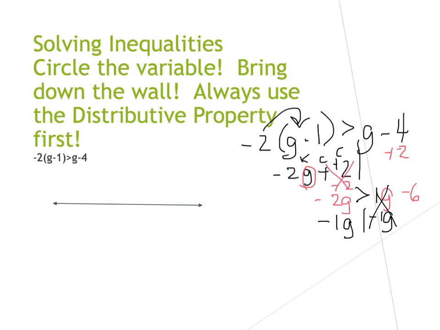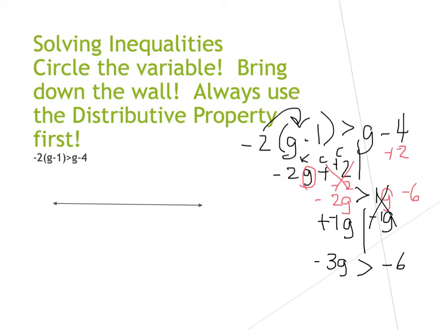And I did forget to bring down my wall with my inequality sign. And then I have negative 2g minus 1g. So keep, change. So I have a negative plus a negative. Same signs, add and keep. So that gives me a negative 3g is greater than negative 6.